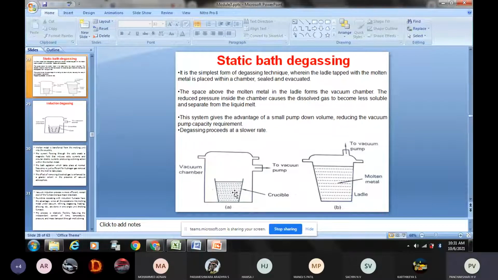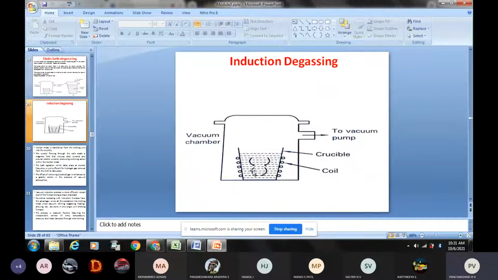So here the entire liquid is taken into consideration. And in the induction case also, the entire liquid metal available in the furnace or crucible, we are trying to degasify at a time, isn't it?